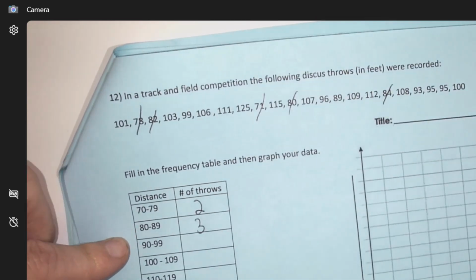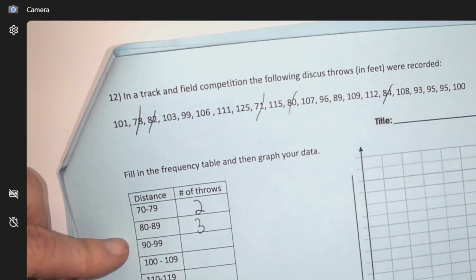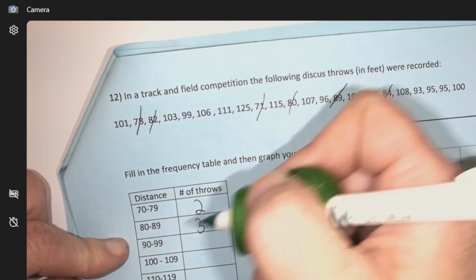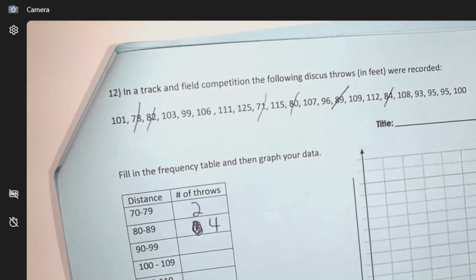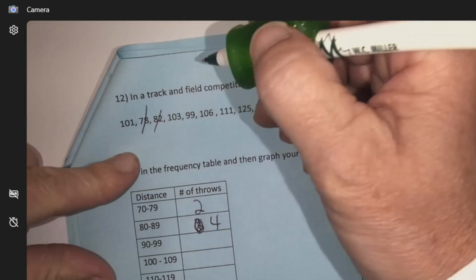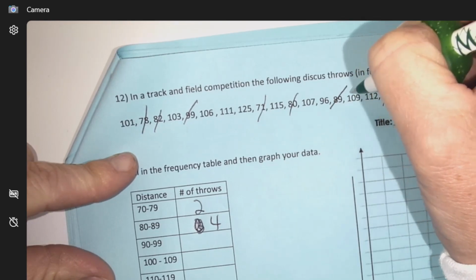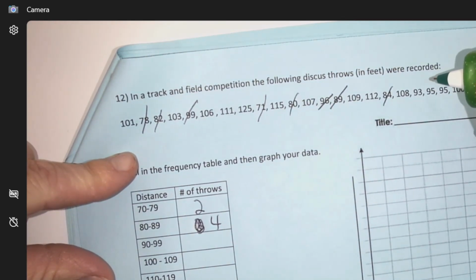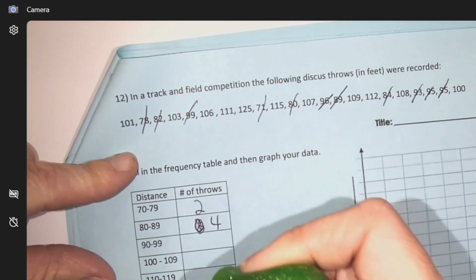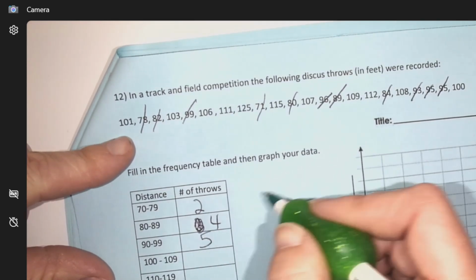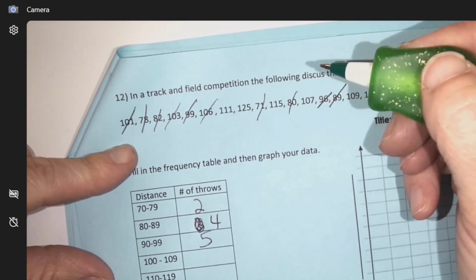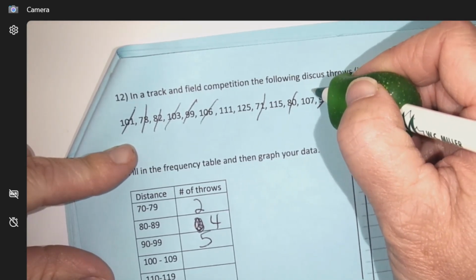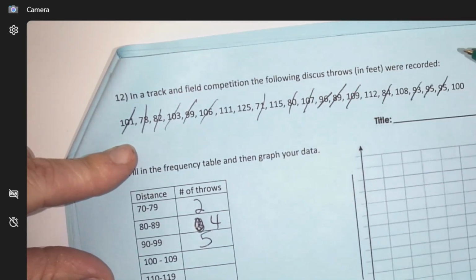I got 3. Is there 4? Yeah. 4. There, I found it. 4. How many people threw in the 90s? 1, 2, 3, 4, 5. 100. 1, 2, 3, 4, 5, 6, 7.